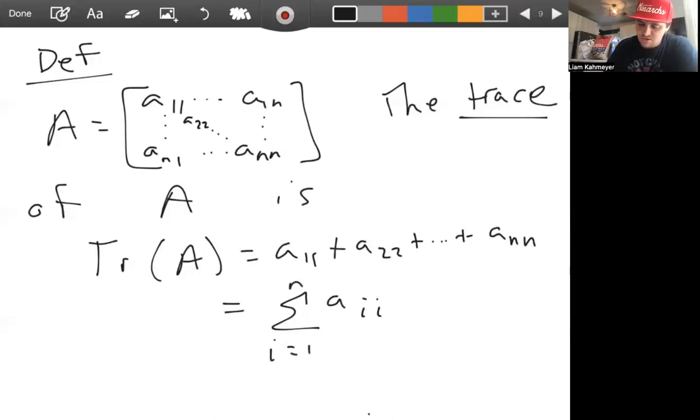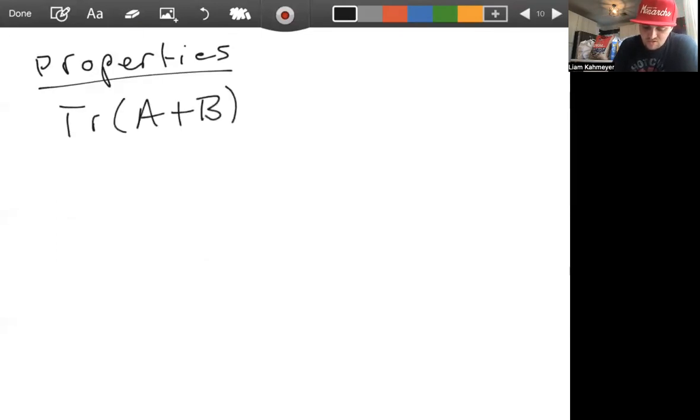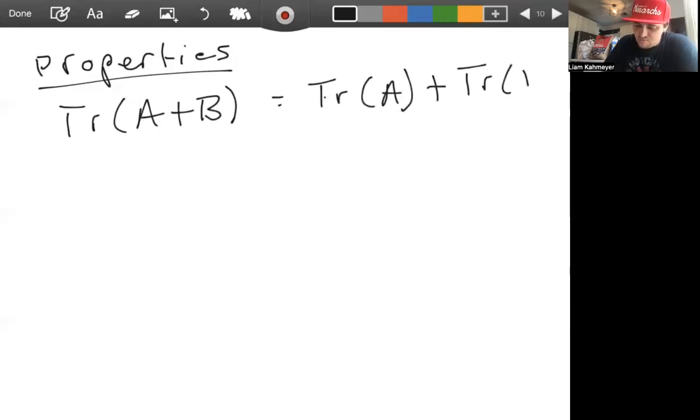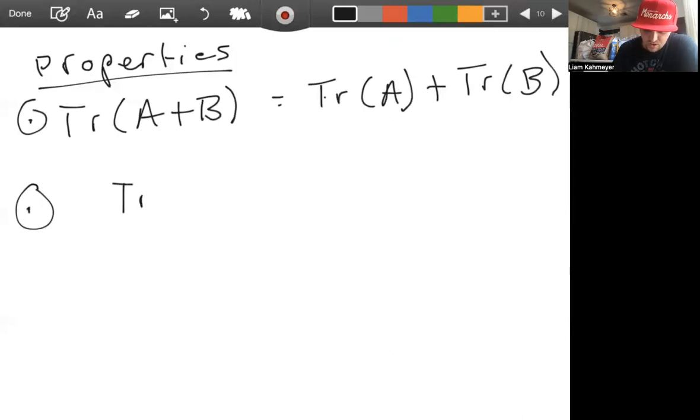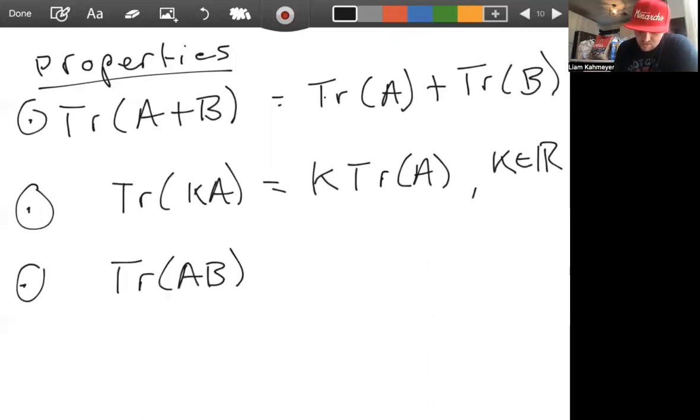Let's look at some properties of the trace. We have that the trace of the sum of two matrices is the same as first taking the trace of A and then adding the trace of B. If you take the trace of a matrix scaled by some real number K, that's the same as scaling the trace, so this is for K in R. And lastly, the trace is invariant under the order of matrix multiplication.